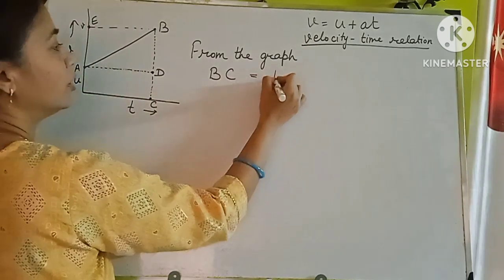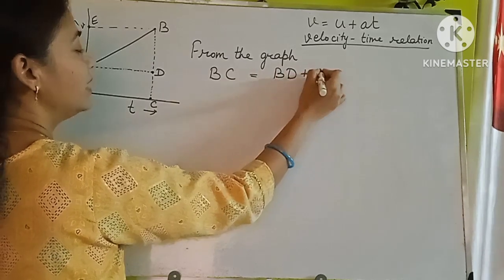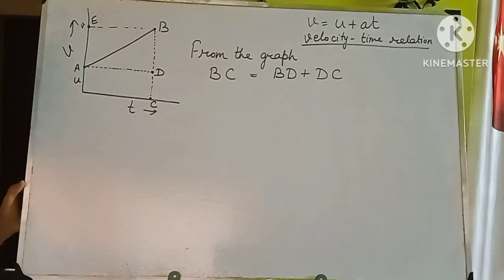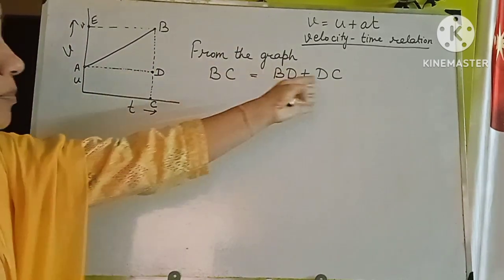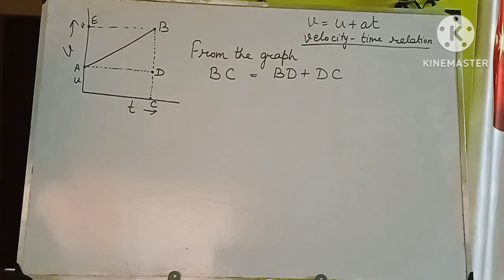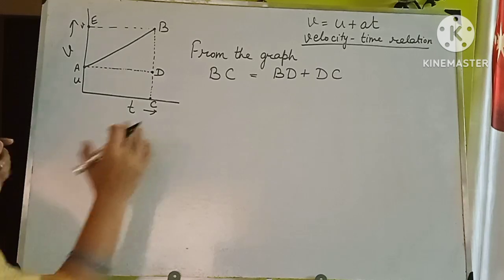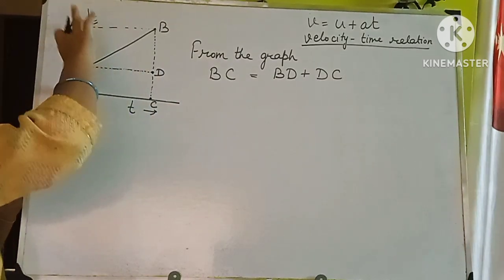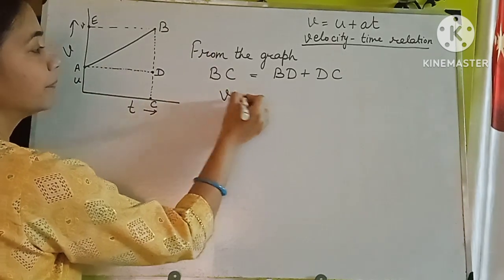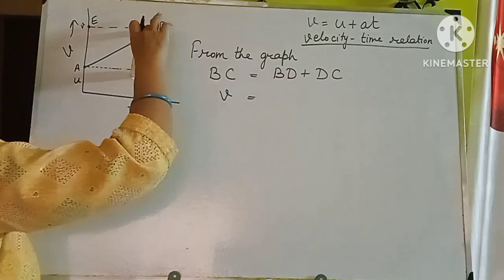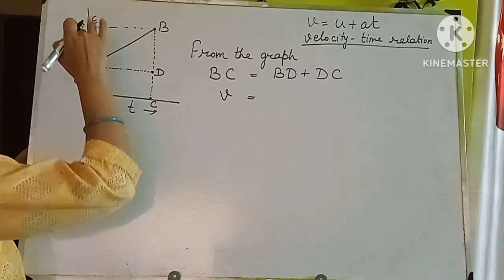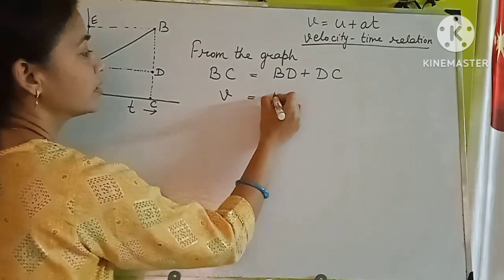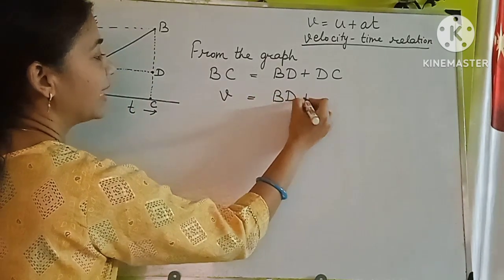So BC is equal to BD plus DC. Now why do I need this BC, BD, DC? I need U and V, so let's substitute wherever we can. BC was the final velocity V. BD is the difference between V and U, which we don't know yet, so let it be as such.